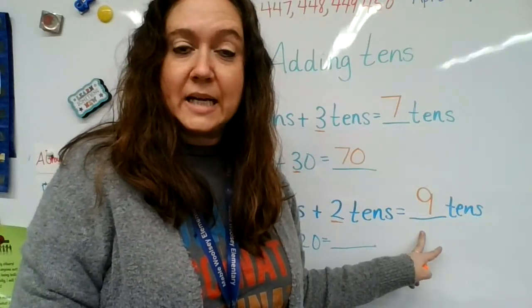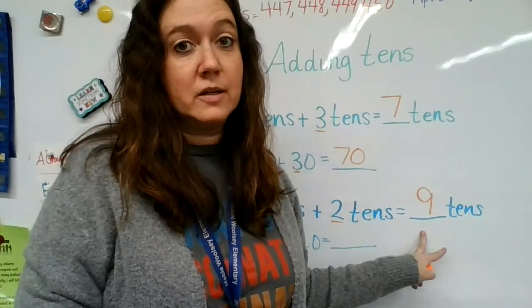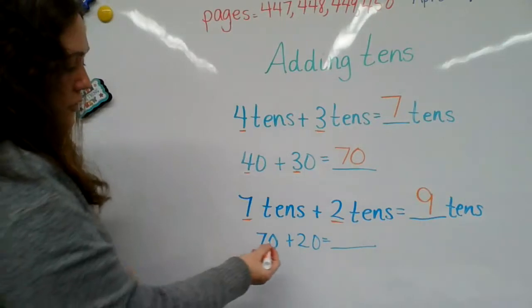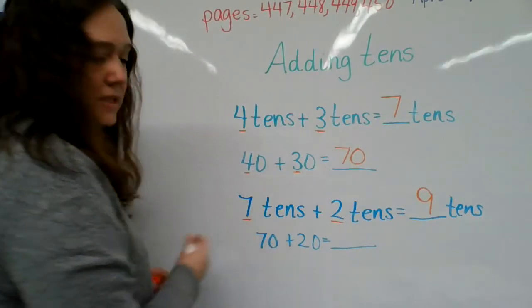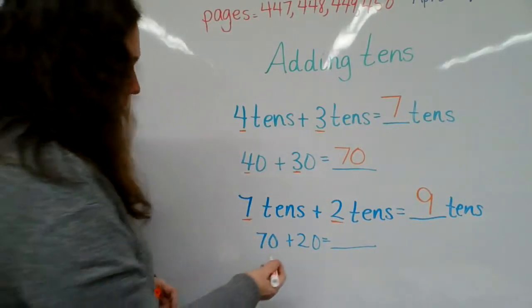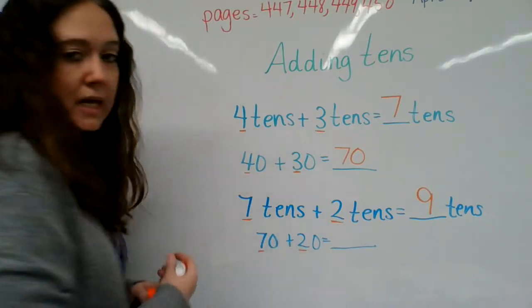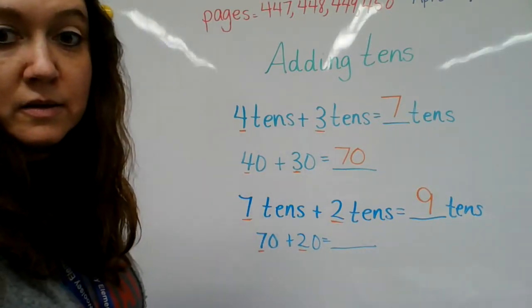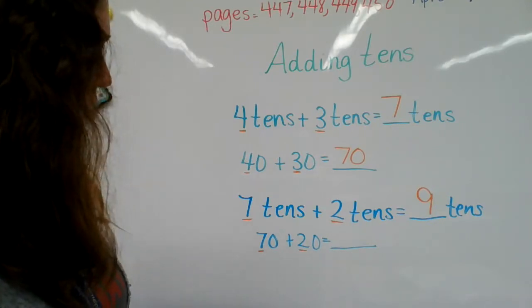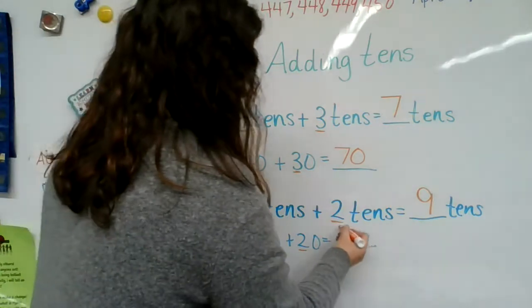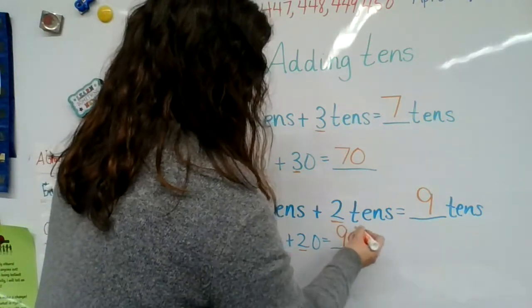If I had 9 tens, how many do I really have? 90. All right, so here 7 tens is the same as 70, right? So I have 7 tens and 2 tens. So how many do I have? It's like 7 plus 2, 90, because we add the 0.